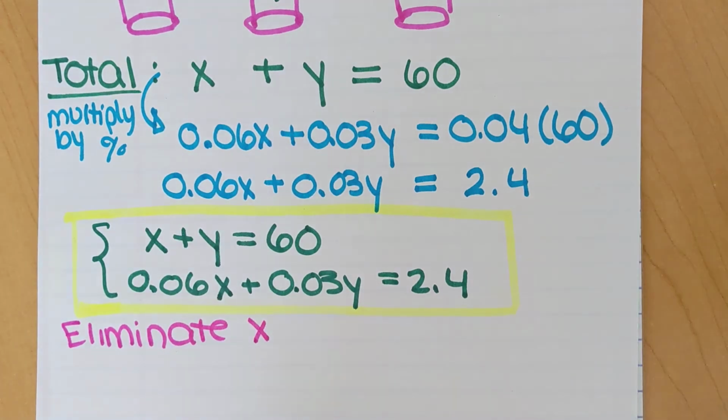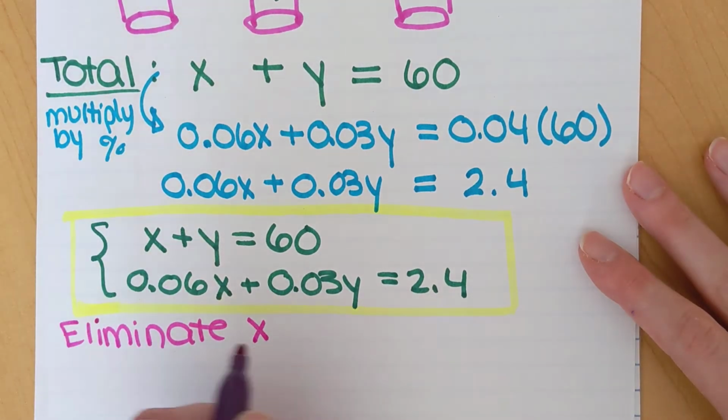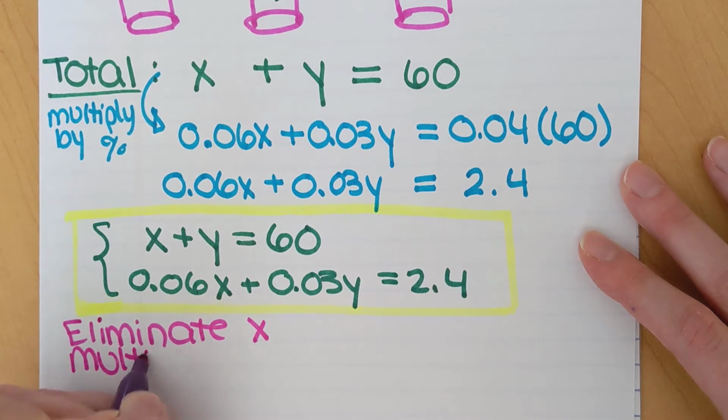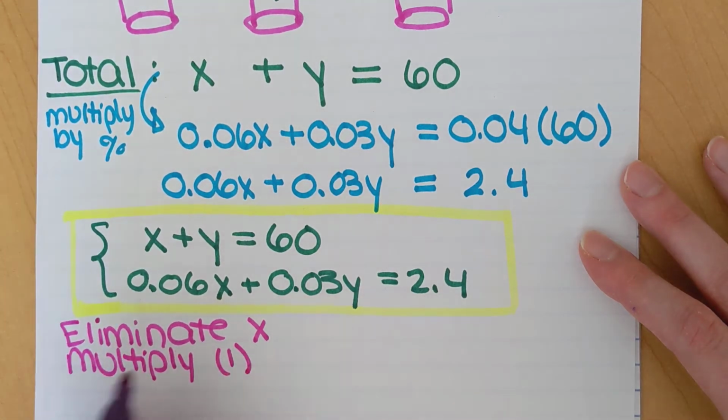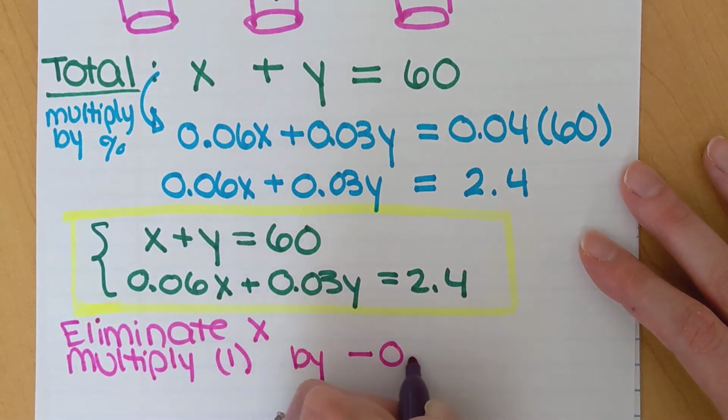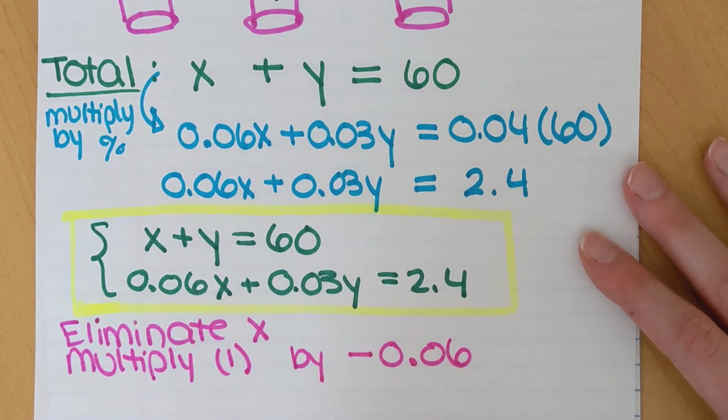If I was going to eliminate X, what I would need to do is multiply equation 1 by negative 0.06.